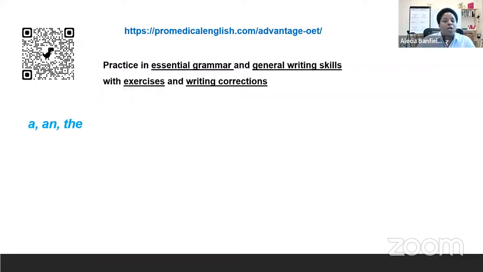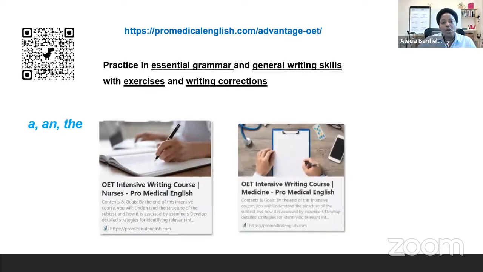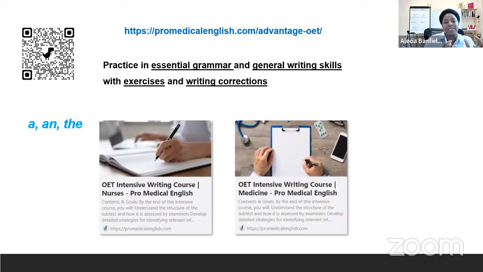These essential grammar issues and other grammar issues, in addition to articles, plus general writing skills, you can practice doing individual exercises and writing corrections, but you also come across this as an entire module in our intensive writing courses for nurses and for doctors on our website.